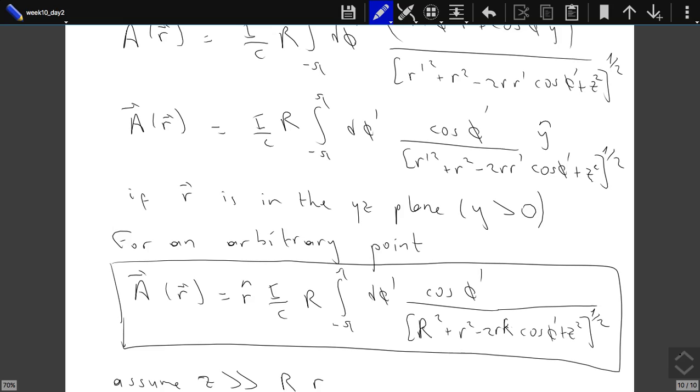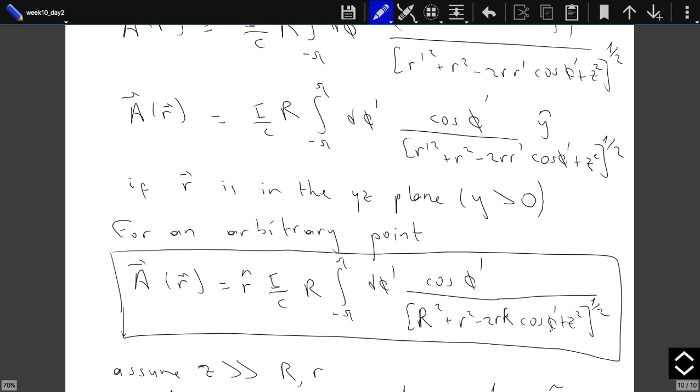By the way, I don't like my answer. You see, I don't need to shift it, because I'm integrating over one full period of phi prime. So that is kind of what saves me.